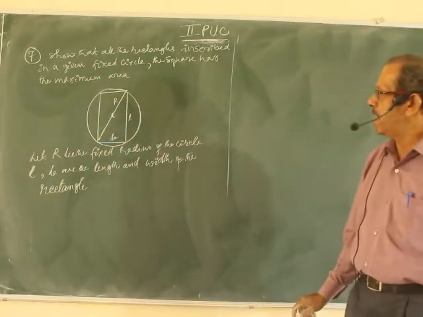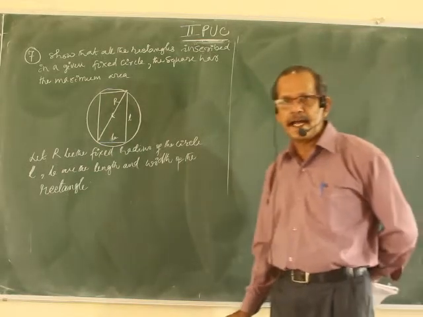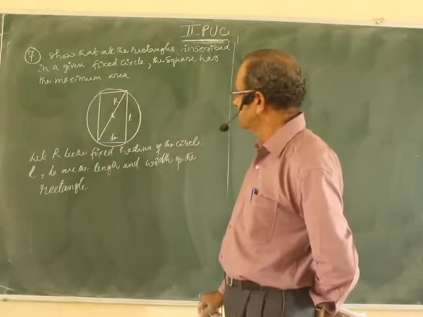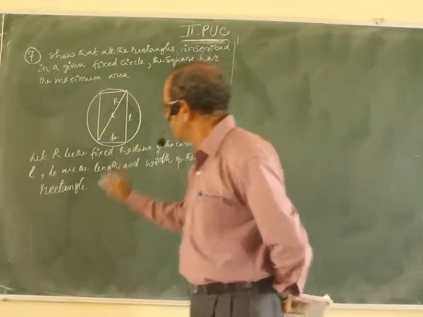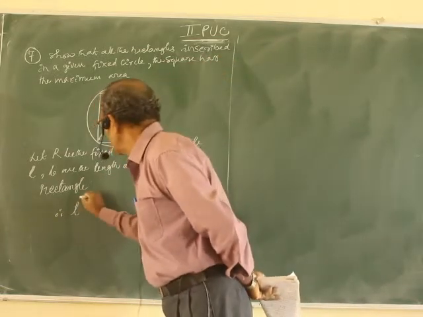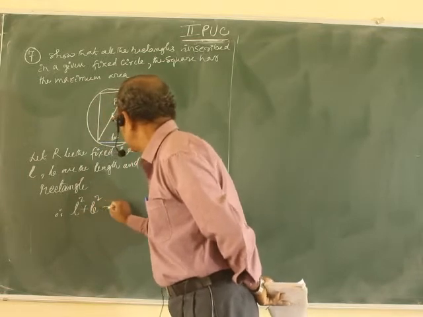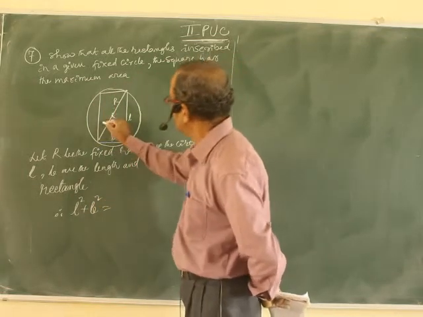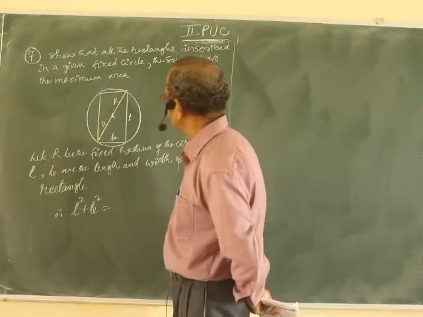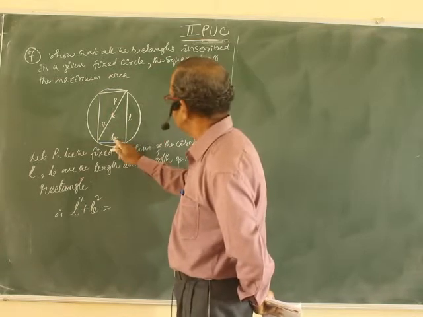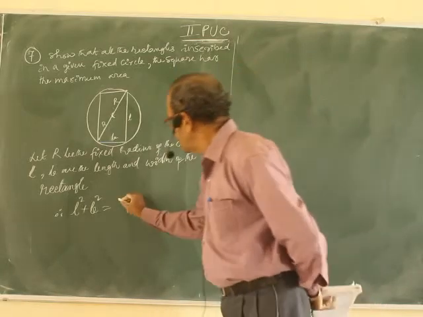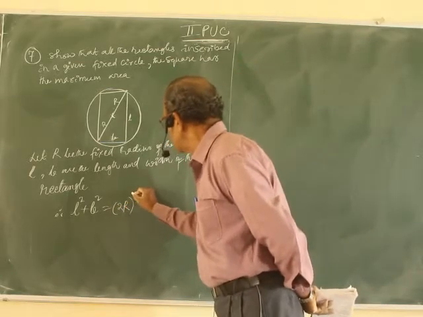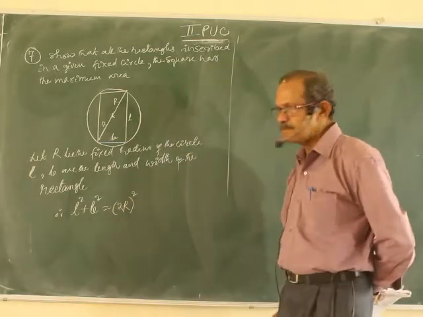L and B are the length and width of the rectangle. Immediately you can write one equation there, no? Therefore, L square plus B square, by Pythagoras theorem, equal to 2R square. Diameter is the hypotenuse.